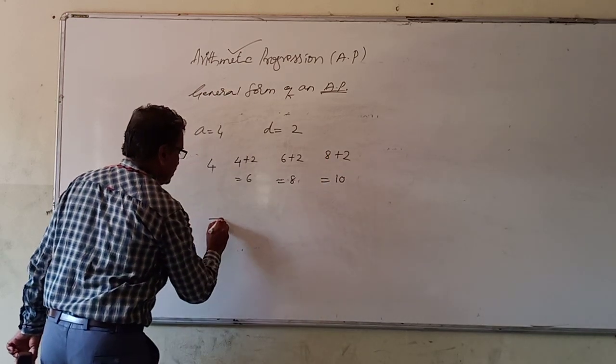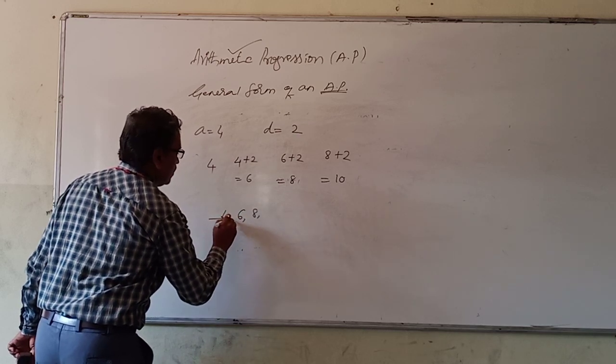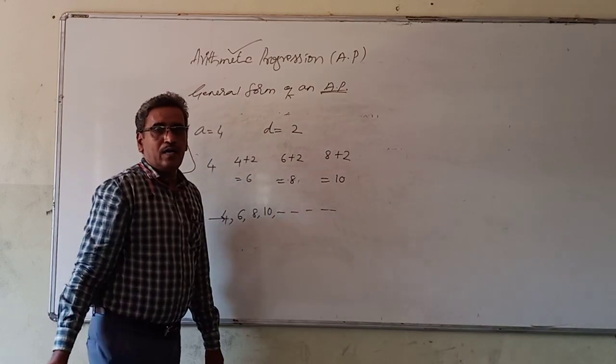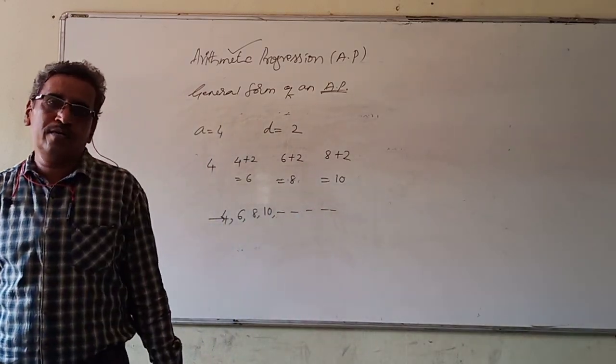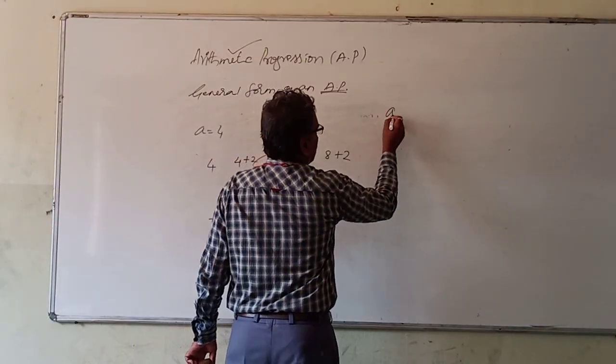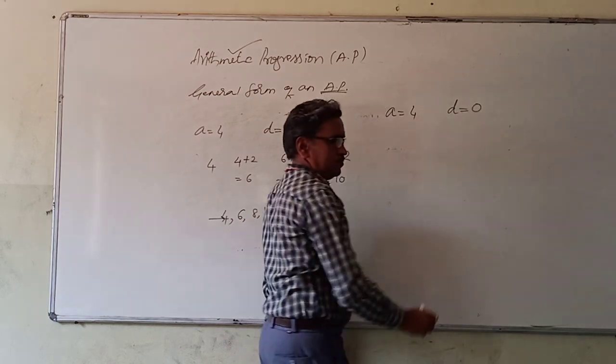So the AP is 4, 6, 8, 10. This is said to be an arithmetic progression. Just for example, a is equal to 4, common difference is 0.